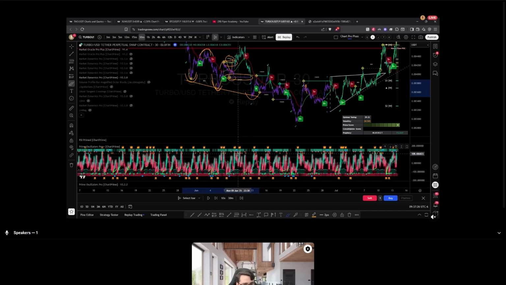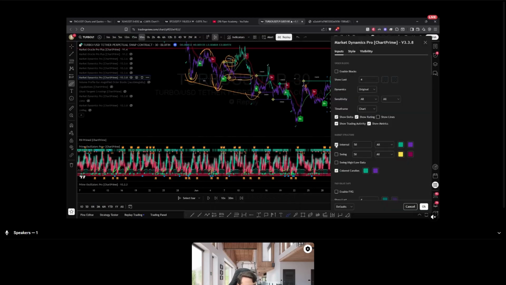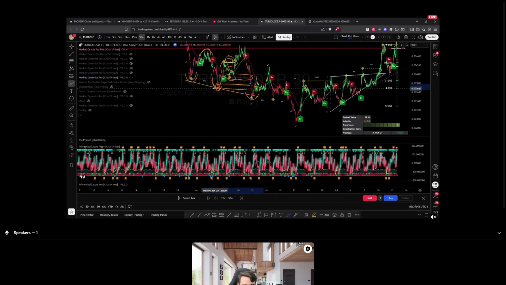You see that? So at the end of it all, if I change, for example, my settings, that's why we have internal and swing, to something like 70 and click away, you'll see, let's give it 1 second, that we most likely are going to have right here a break of structure.